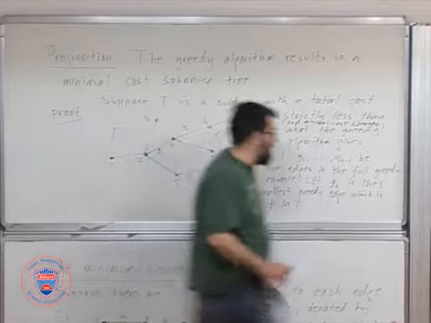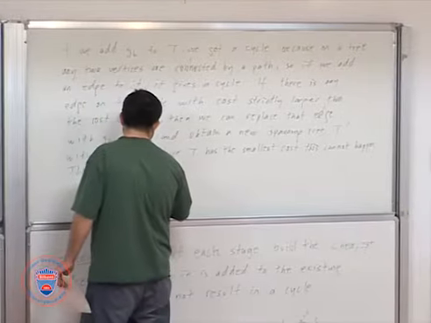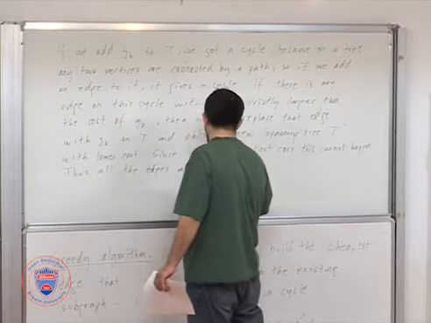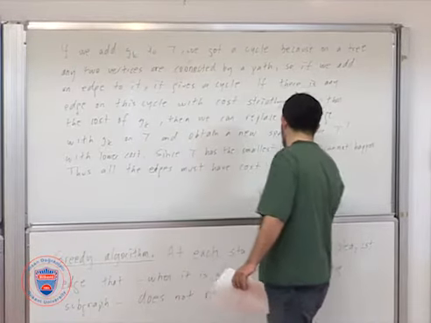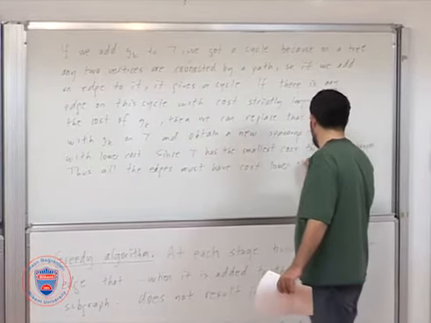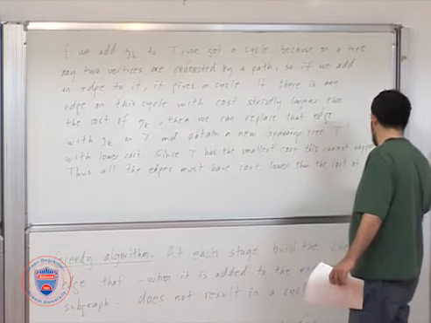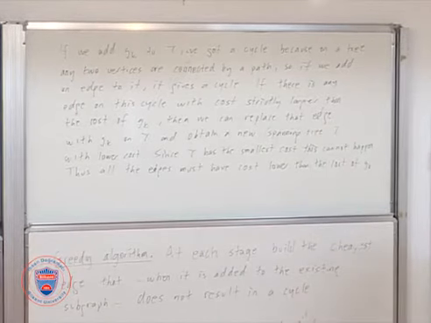So all the edges must have cost lower than the cost of GK. Okay?